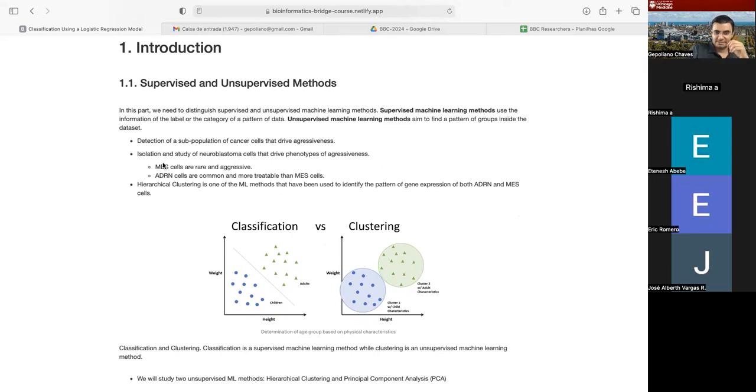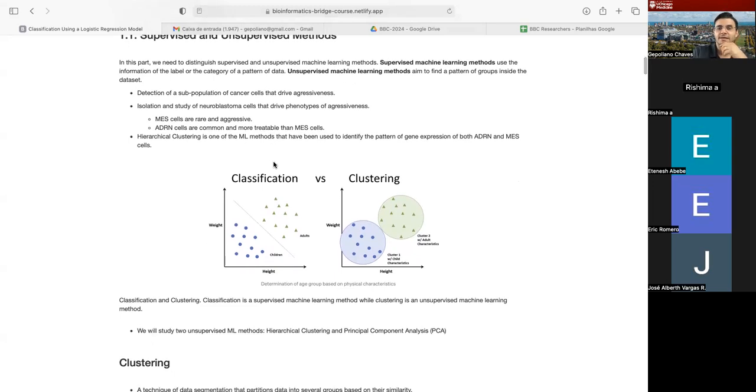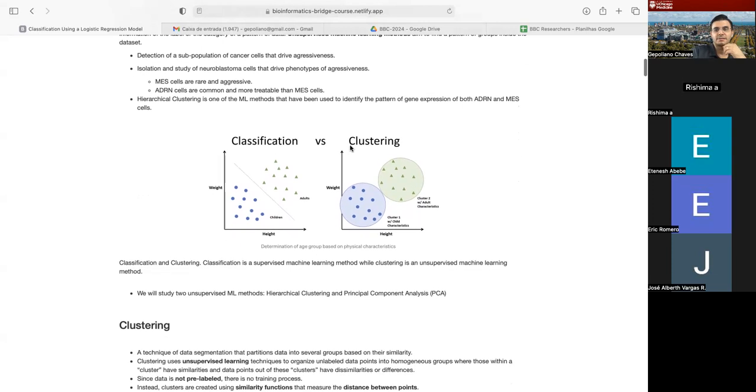They have stem cell-like characteristics, whereas the adrenergic cells are more common and they are more treatable than the mesenchymal cells. Hierarchical clustering is one of the machine learning methods that have been used to identify the pattern of gene expression of adrenergic and mesenchymal cells.